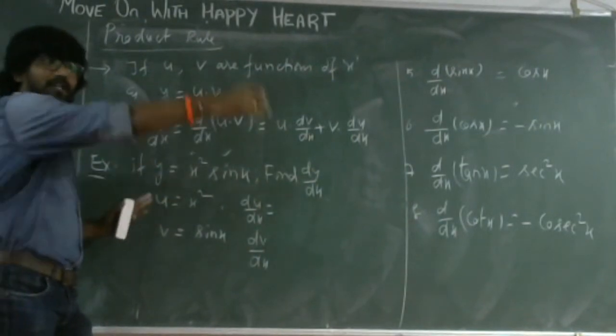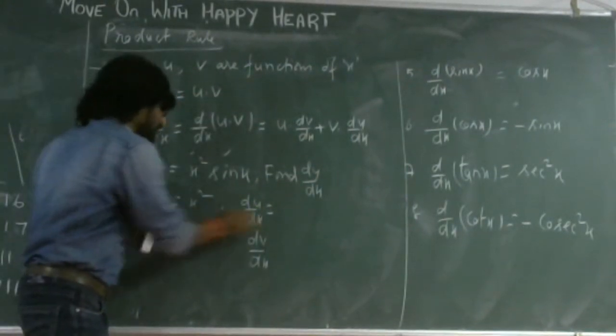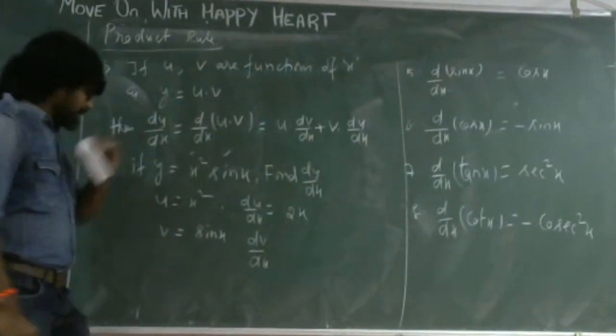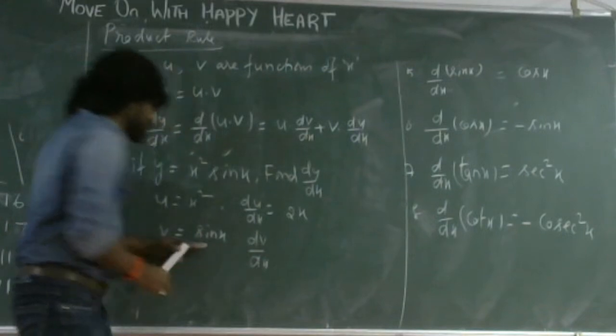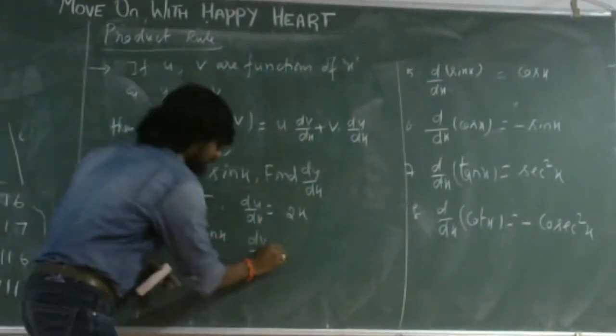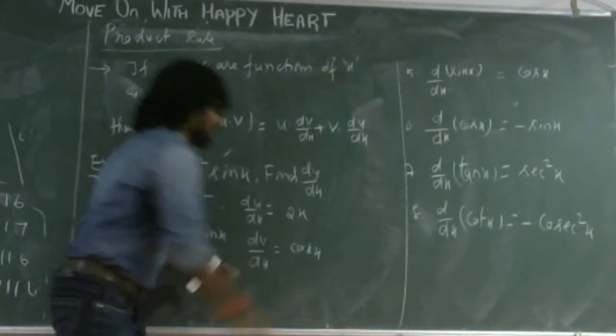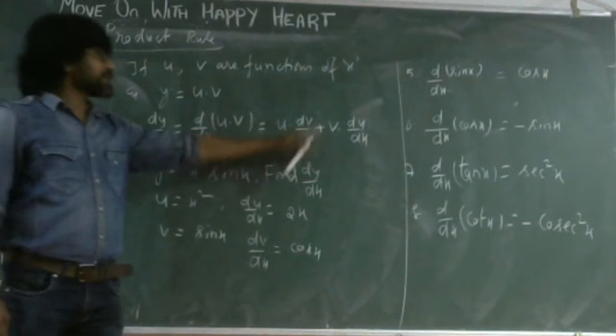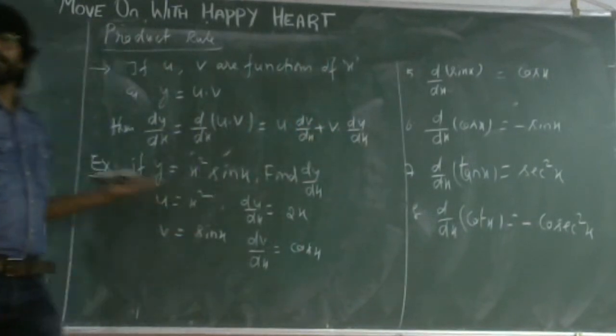So du by dx is 2x. Then v is sin x, so dv by dx, the differentiation of sin x, is cos x. Now substitute in this formula, u dv by dx plus v du by dx. Then you will get the final answer.